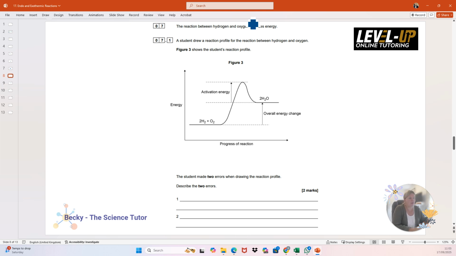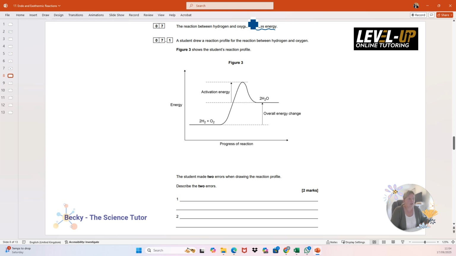So it tells us that the reaction between hydrogen and oxygen releases energy. Okay, so a student drew a reaction profile for the reaction between hydrogen and oxygen. Okay, and it says that the student made 2 errors.